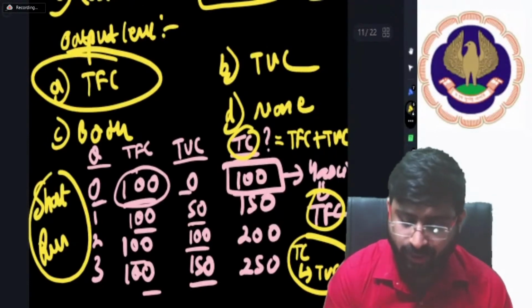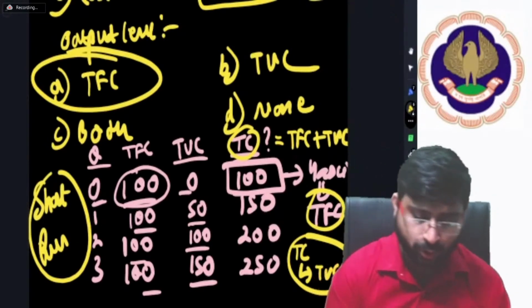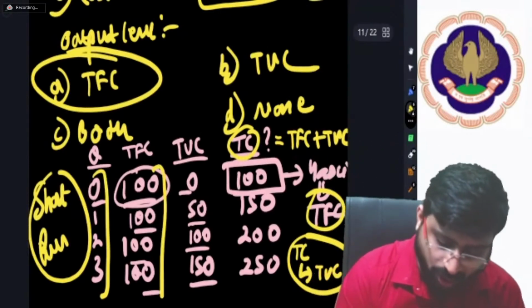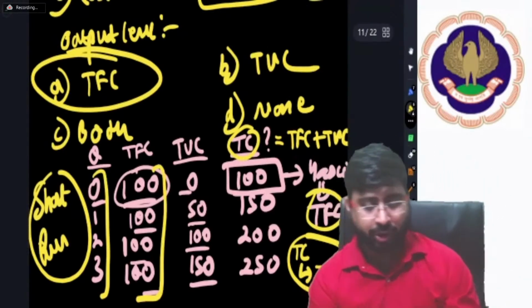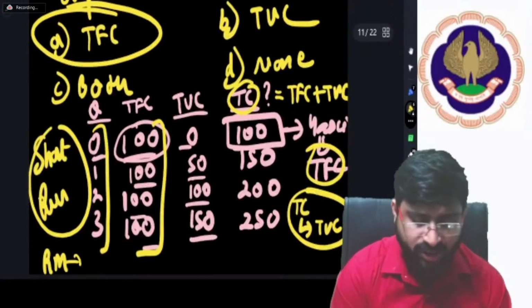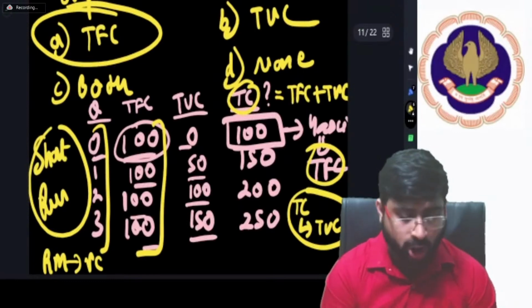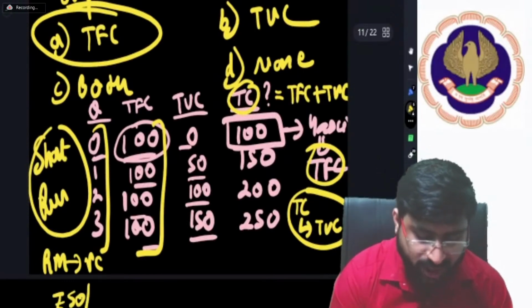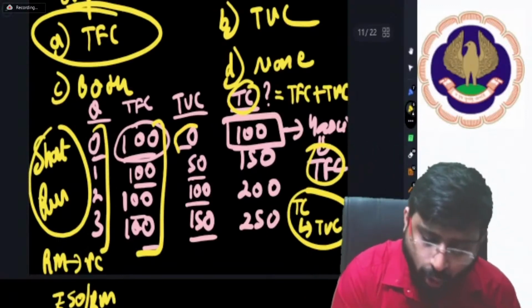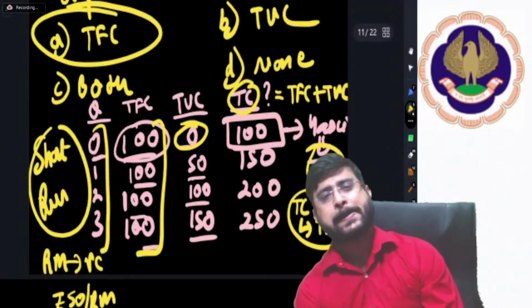Now, my dear friends, let me tell you something. This is units of output 0 to 4. This is total fixed cost, 100. Now suppose the raw material cost. Raw material is a variable cost because it changes with the output. So cost per raw material is, let's say, rupees 50. If you produce nothing, no total variable cost is incurred.